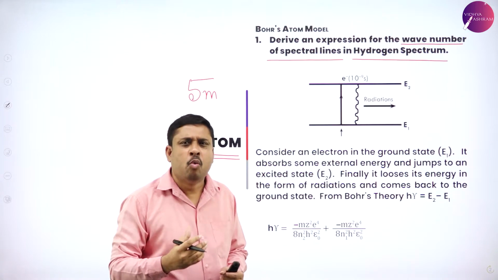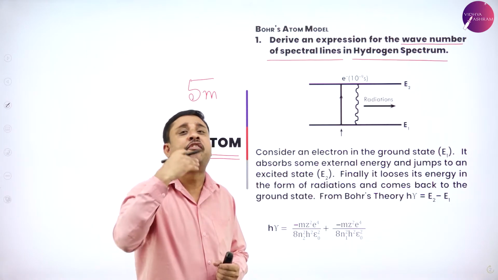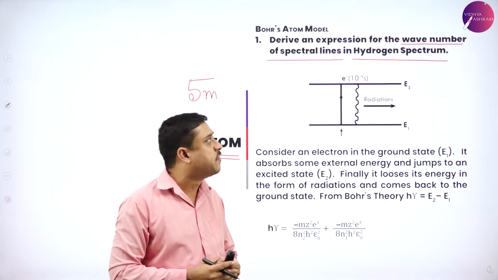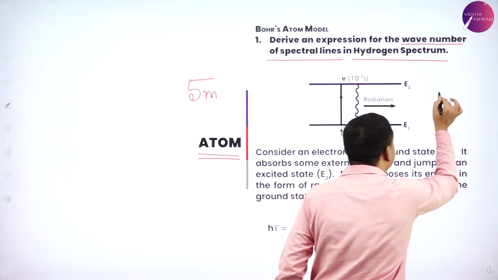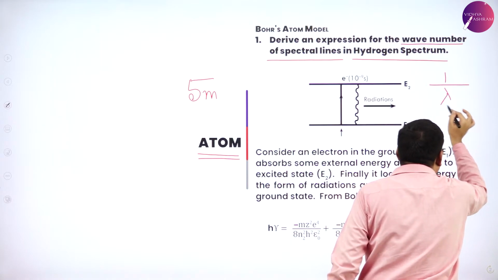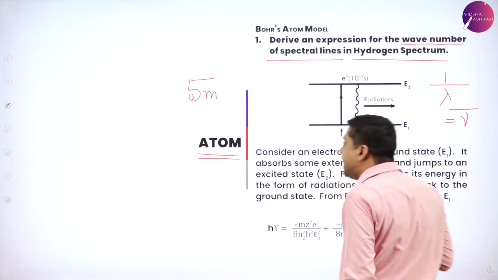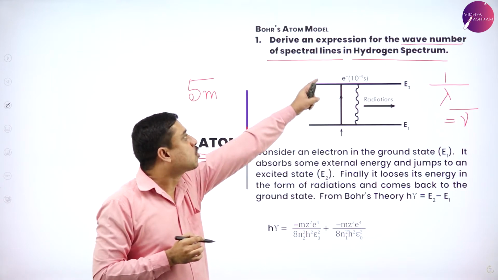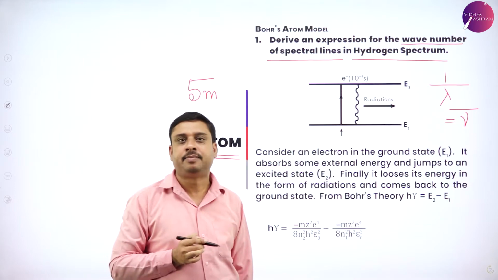Now, what is this wave number? Are you all familiar with something called wave number? To understand, the reciprocal of wavelength, which is represented as nu bar, is called wave number.